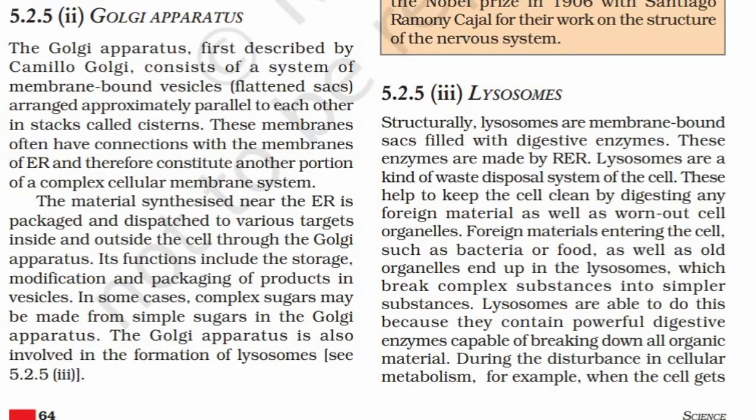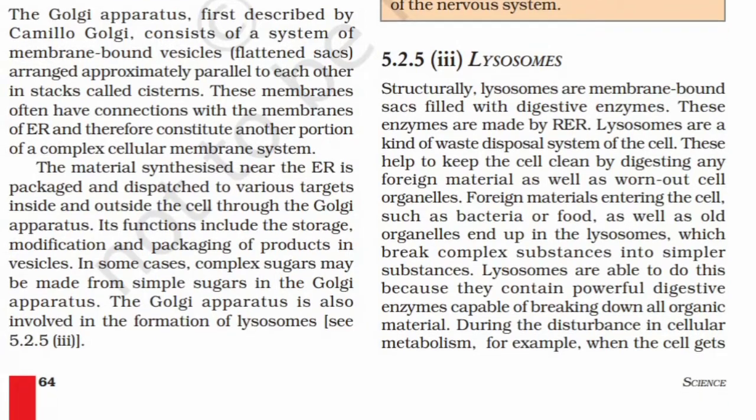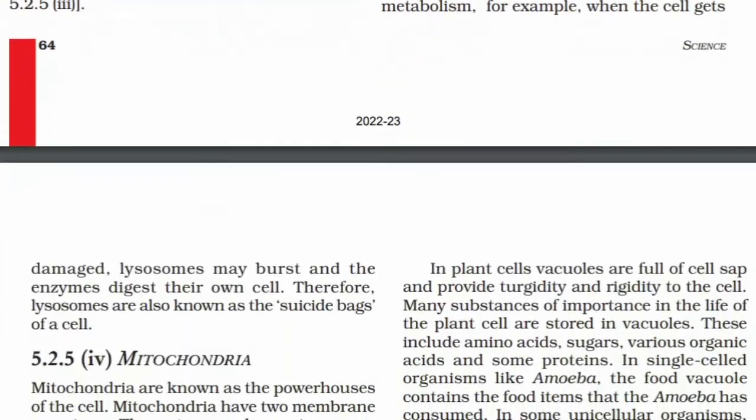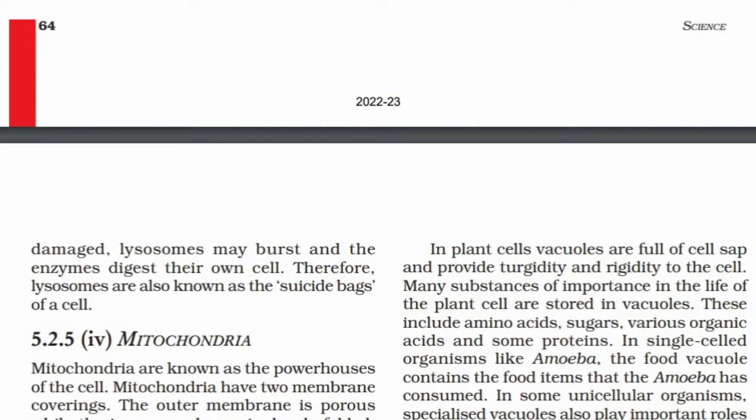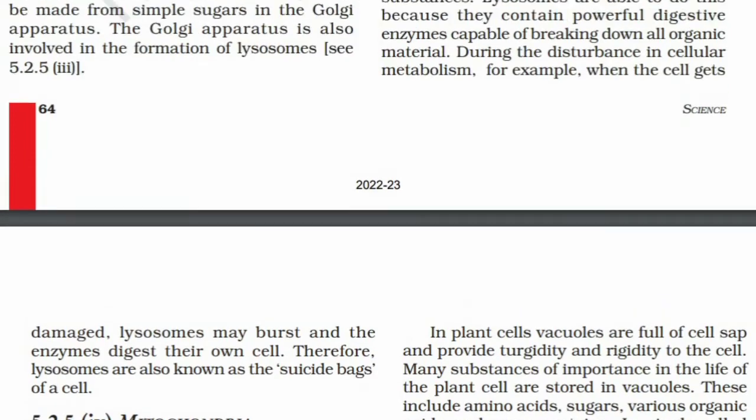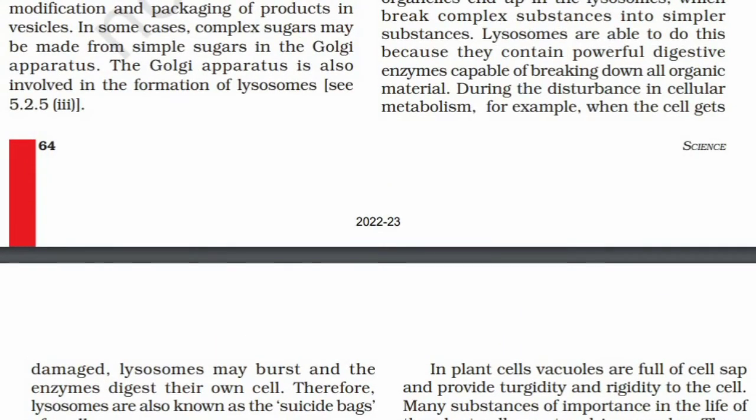During a disturbance in cellular metabolism, for example, when the cell gets damaged, lysosomes may burst and the enzymes digest their own cell. Therefore, lysosomes are also known as the suicide bags of a cell. What happens during a disturbance in cellular metabolism?